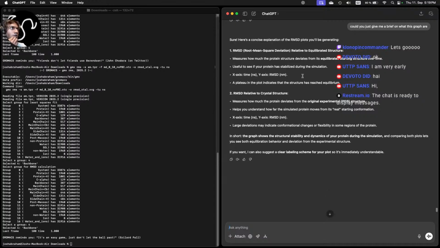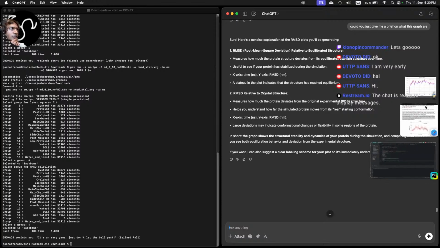It's just how much the protein structure deviates from its equilibrated starting structure over time. Useful to see if the protein has stabilized during the simulation. Time. This measures how much the protein deviates from the original experimental PDB structure. How do we understand that? I mean, both are the same, right?